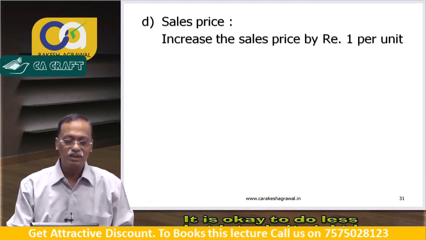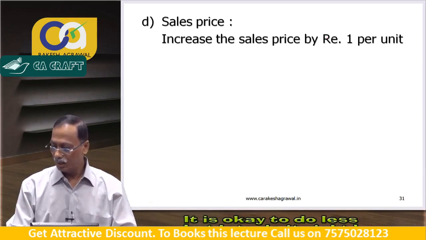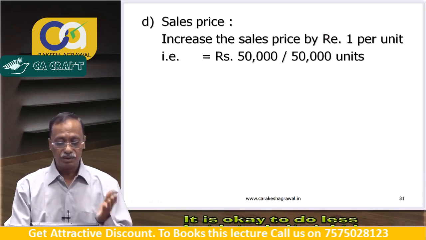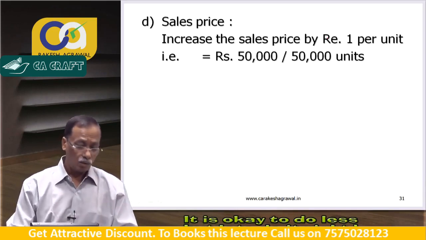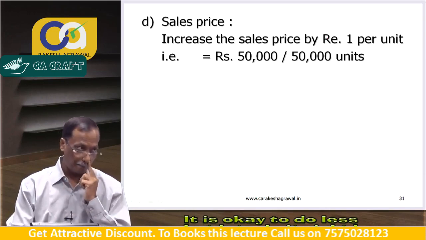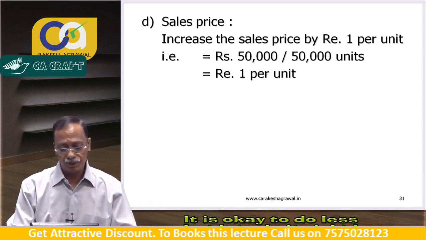So write down, increase the sales price by rupee 1 per unit. How it is calculated? That is rupees 50,000 divided by 50,000 units. That is rupee 1 per unit.